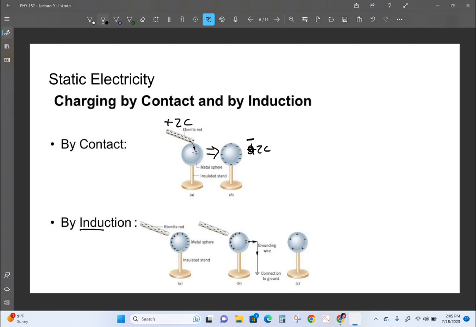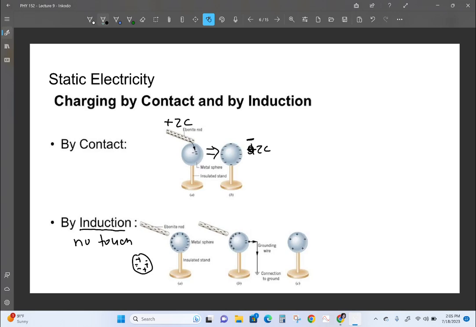And in fact, you don't even have to touch. You can just bring it near, right? So if I take this rod that has a negative charge on it and I bring it near without touching, those electrons, so what we want to assume is that the sphere to begin with has an even distribution of positive and negative on its surface.